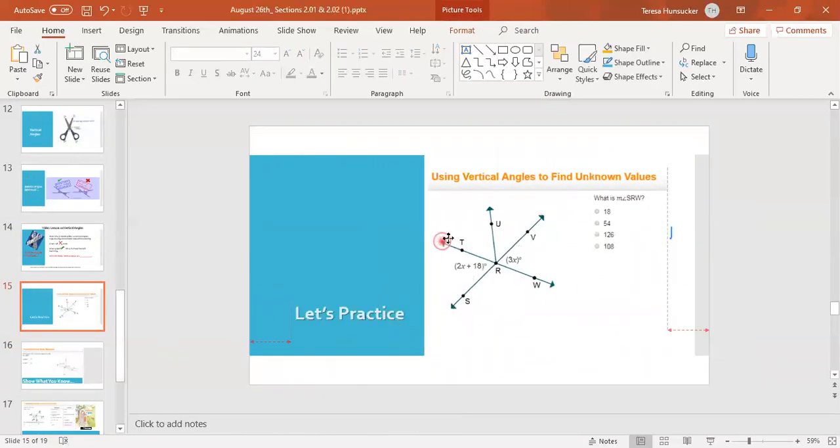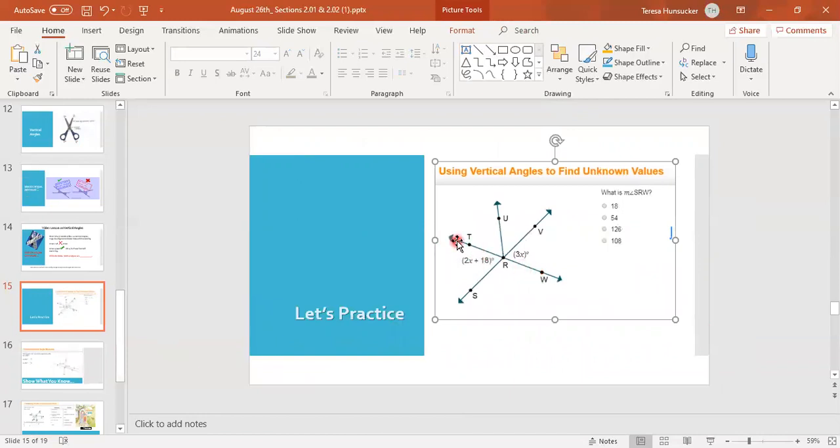So if we look here at this diagram, we have two intersecting lines, TW and VS. Inside the blades of the scissor, inside the handles of the scissor, those angles are opposite of one another and they share vertex R. So to solve for x, we set 2x plus 18 equal to 3x.